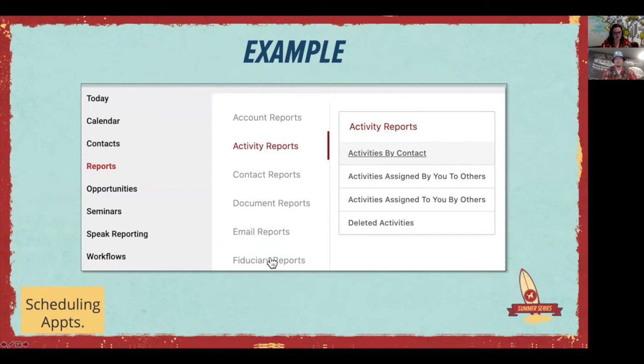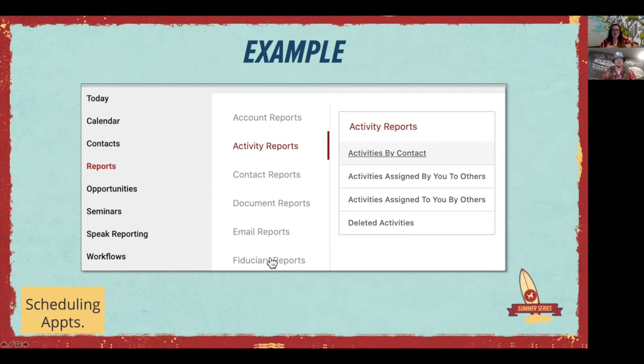And I answered this question earlier. Somebody said, well, what's the correct way to keep track of a client phone call or leaving a voicemail? Or what's the correct way to keep track of, and then fill in the blank? Our answer is going to be either through an activity or a note or a workflow. But which of those is correct depends on your office structure, your office setup, your office processes.